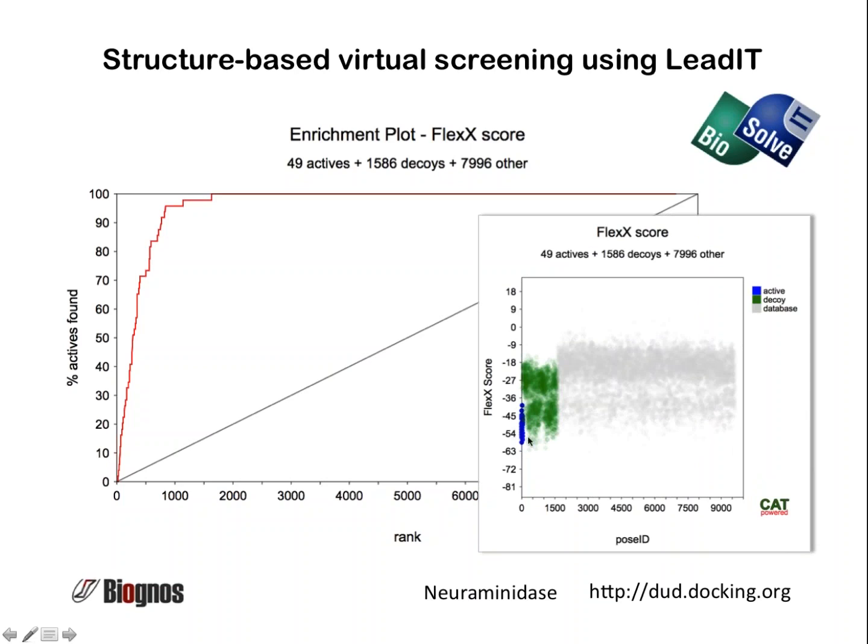We have the blue ones, which are our actives, the green ones, which are our decoys, and the gray ones that are our other molecules, and they are not related at all to any of these. And so they typically have a much more unfavorable score. So in this case, even if you have a larger library with the same enrichment, you can actually be quite successful in fishing out compounds that are active in a virtual screen.